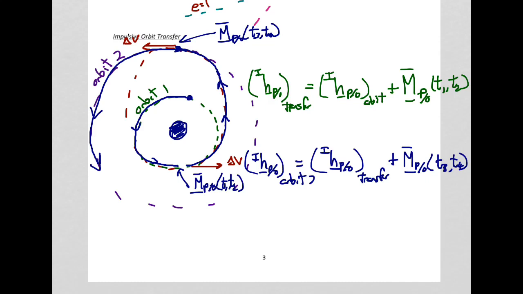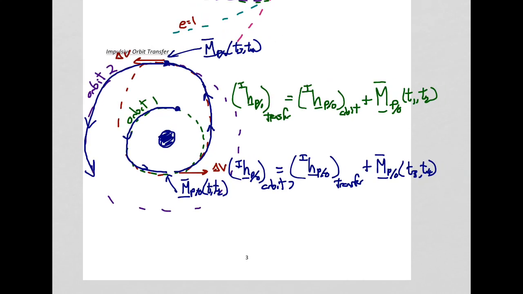This Hohmann transfer is, as far as we know, the most efficient way to change from one orbit to another orbit by introducing this transfer orbit, simply by having an angular impulse, and then adding momentum at another point to put you into that second orbit.